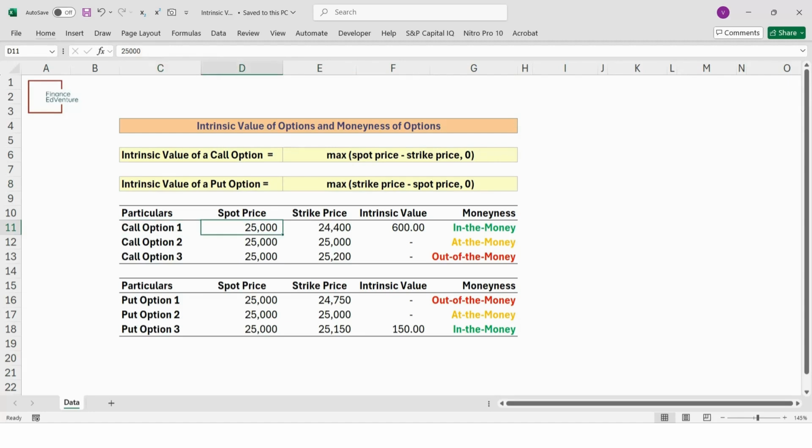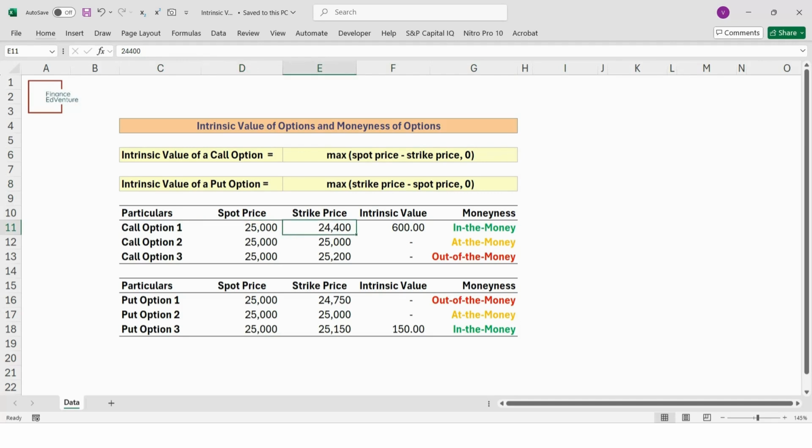Call option 1, the spot price is 25,000, while my option's strike price was 24,400. When I purchased the option, I purchased it with a strike price of 24,400. I was expecting the security to increase in value from 24,400, and the security actually increased to 25,000.